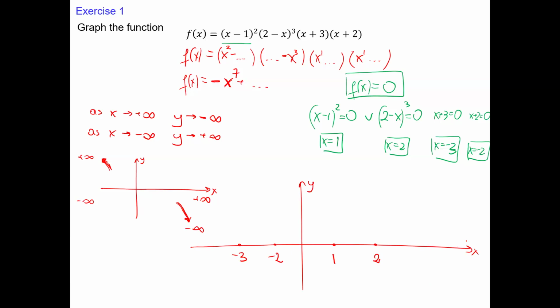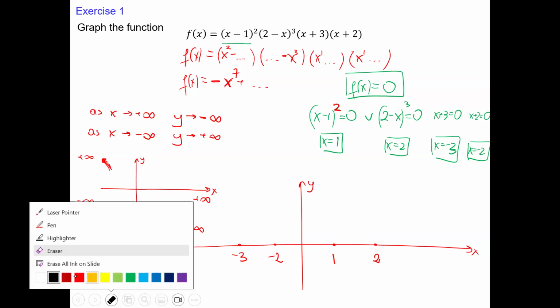However, if the x-intercept has a multiplicity of 2, an even number like this one, we will not cross, because we can think we intersect and then come back. Yes, at 1 we intersect and come back, but we cannot go above. That means if the x-intercept came from an even power, 2, 4, 6, and so on, then we are just touching the x-axis, below or above, depending where we are.